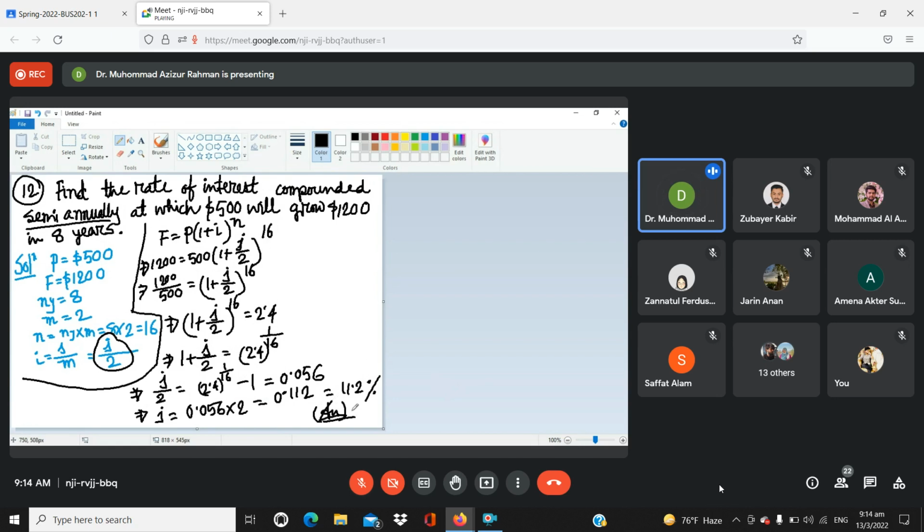So this is called the nominal interest rate, 11.2%. And there is a conversion semi-annually, 2 times conversion for 8 years.